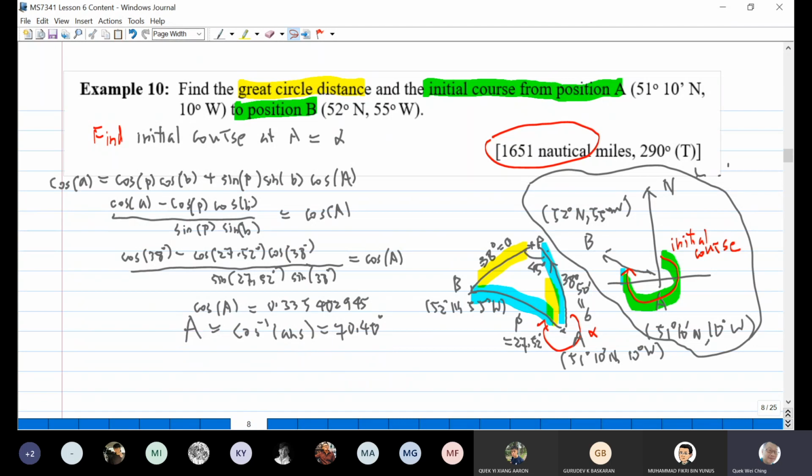I know the great circle course at A is equal to just 360 minus 70.40 degree, and find that this is about 290 degree true bearing.